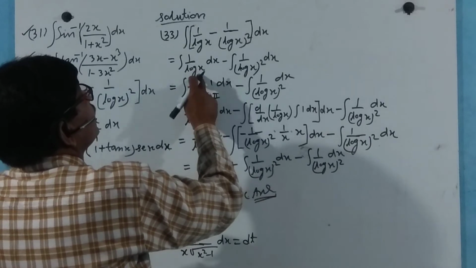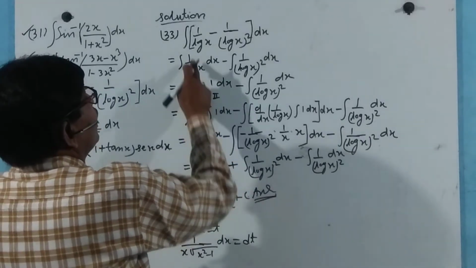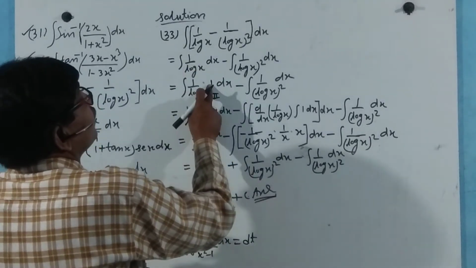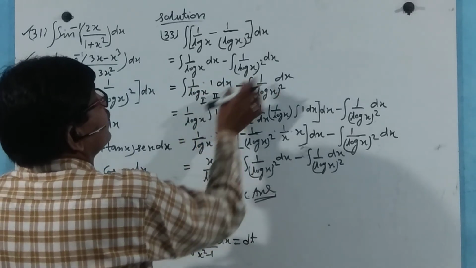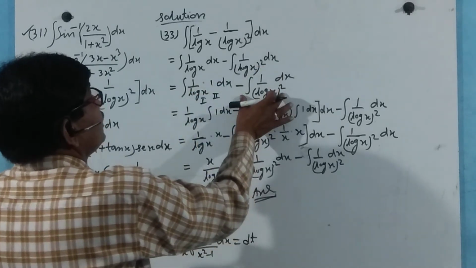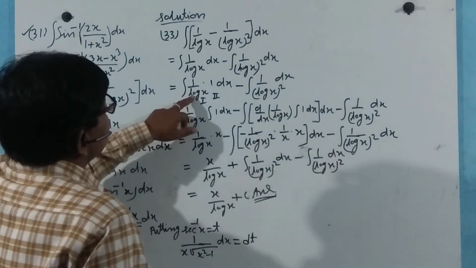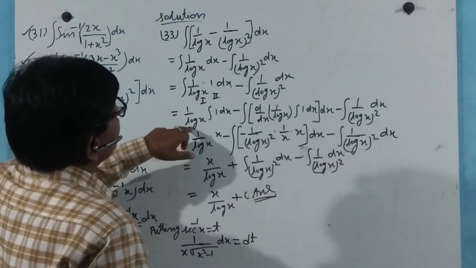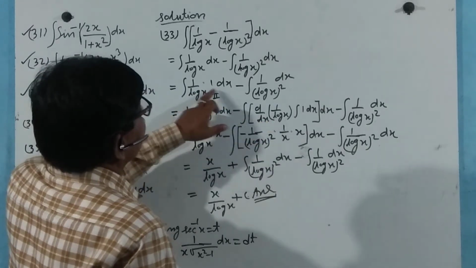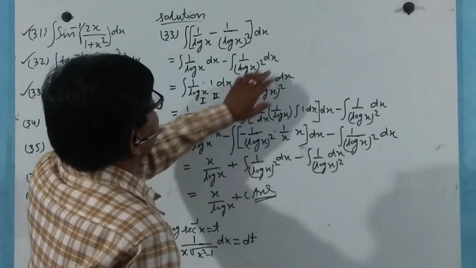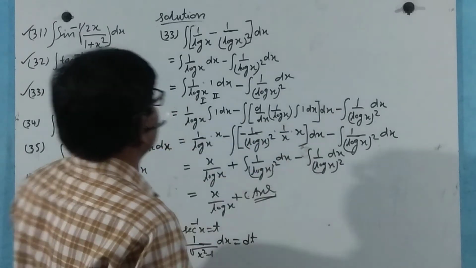Now in this case we take the product form, 1 by log x and 1 dx: 1 by log x is the first function and 1 is the second function. The same formula applies here: first function into the integration of the second function, minus the integration of the differentiation of the first into the integration of the second.